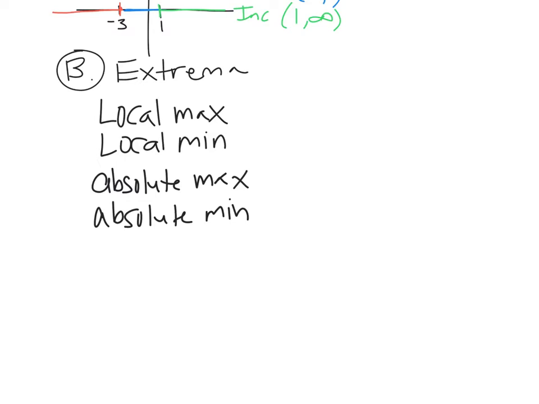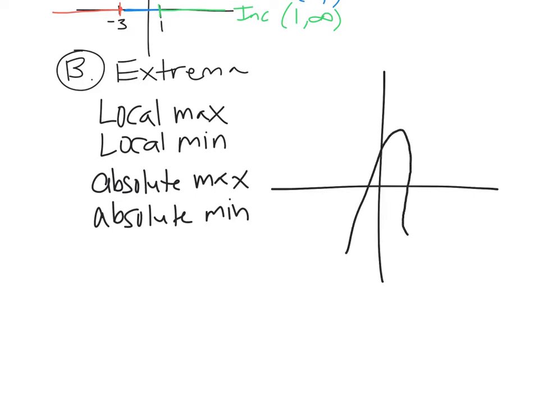So let's suppose that I have a graph that looks like this. It's kind of a weird graph, huh? Kind of fun. And I'm going to plot some points on this, and I'm going to point out the important points, okay?